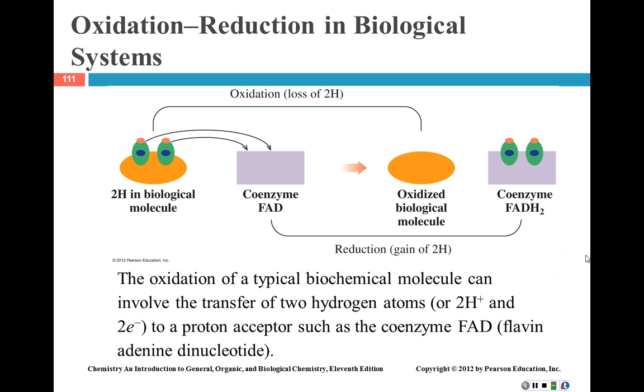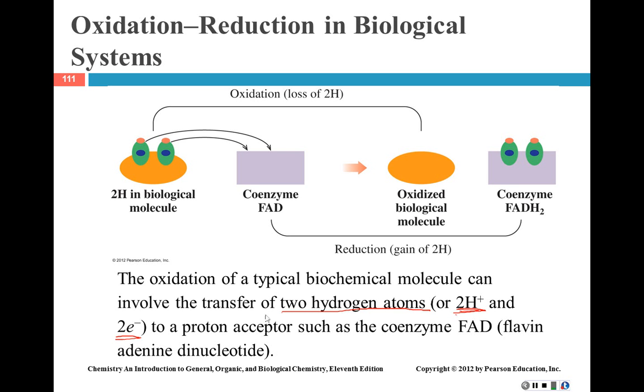In biological systems, things like the electron transport chain and other parts of biology are important because when you oxidize something, you lose protons and you can create something called a proton motive force. That's the basis of a lot of energy capture and cellular respiration. And so you can transfer two hydrogen atoms, which is going to be an H plus and an electron for every one.